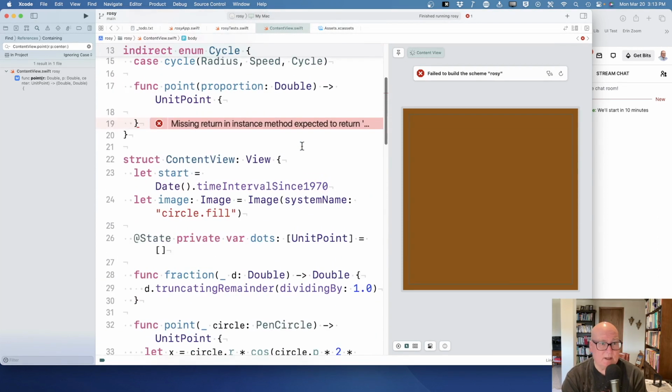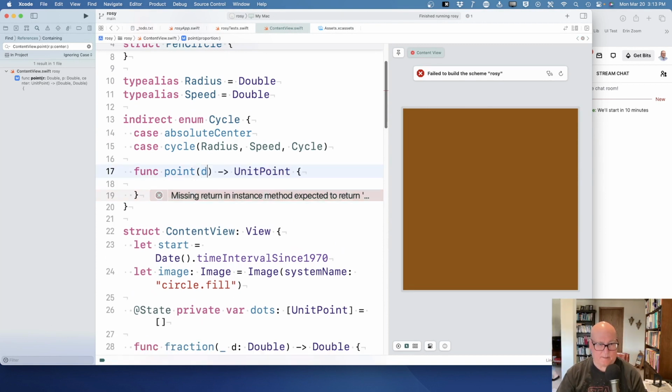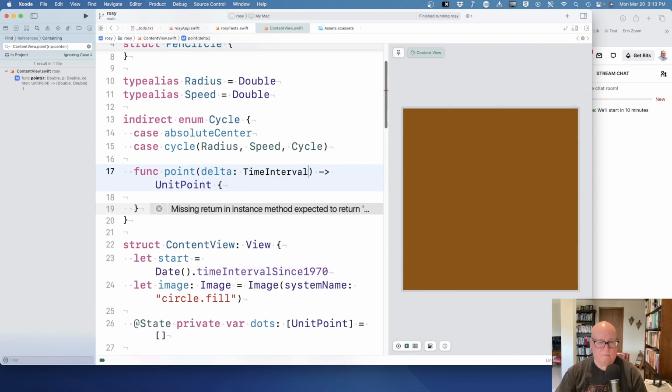Okay, let's do that. I want you to give me a time interval for a given cycle, and I will tell you what its point is. Okay.